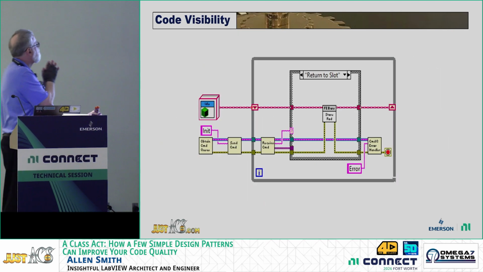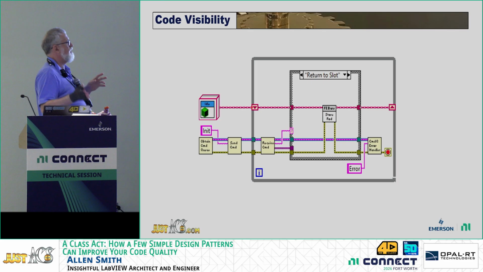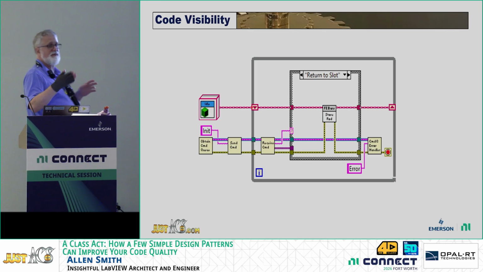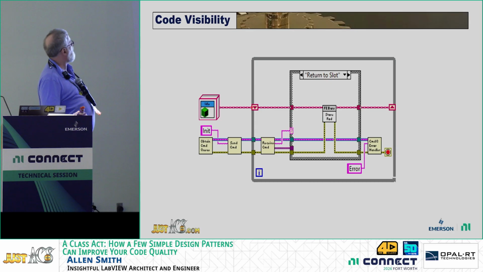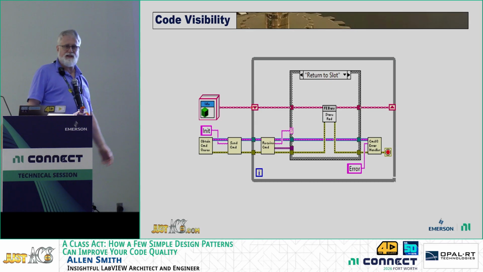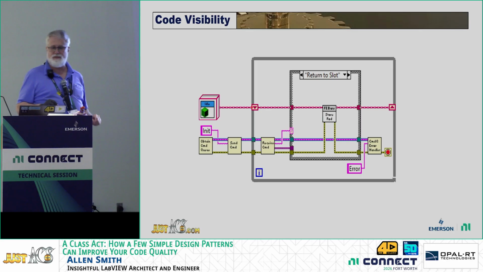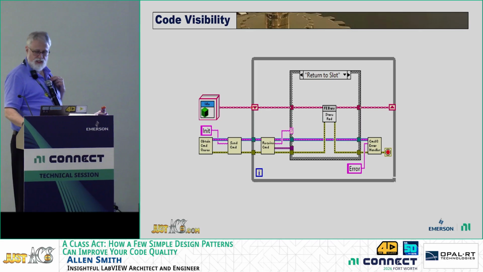Some of you may complain. Maybe not, you guys are all cool. Some people have complained that they want to know what's going on in store rod here. They don't see it. They want to see that case structure so they can click through all this stuff and see it. Well, you can still click through and see this stuff.